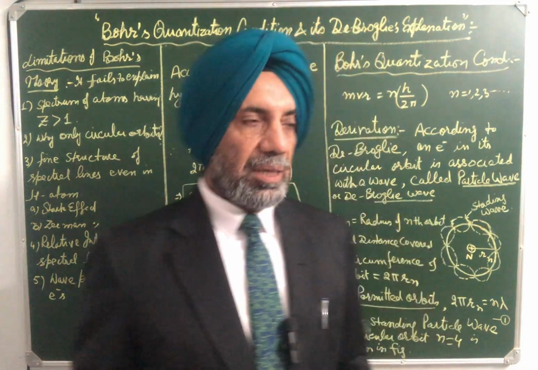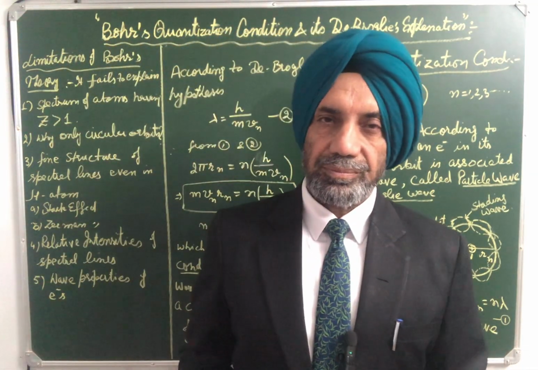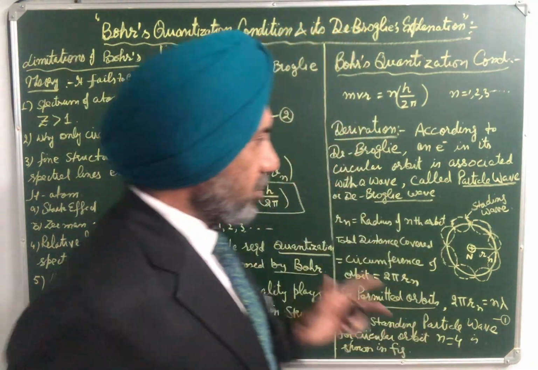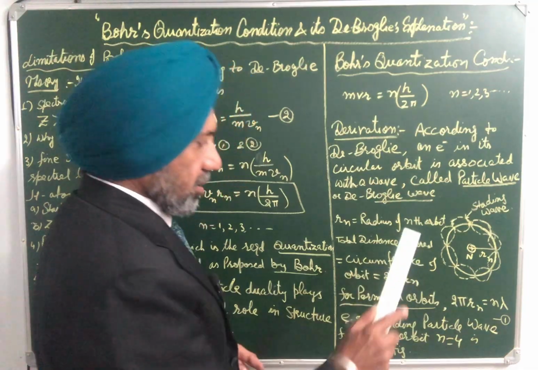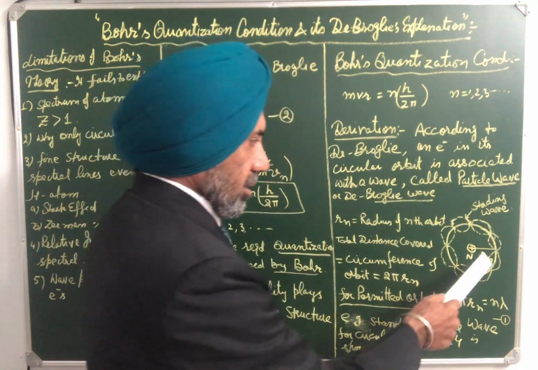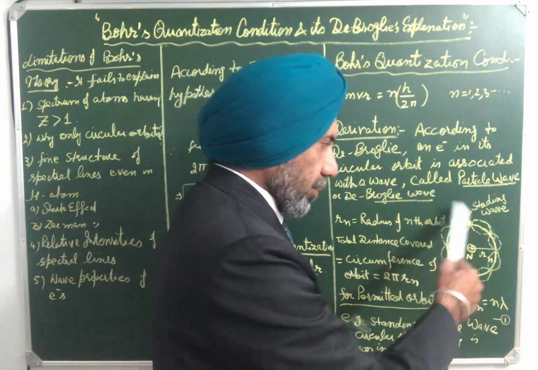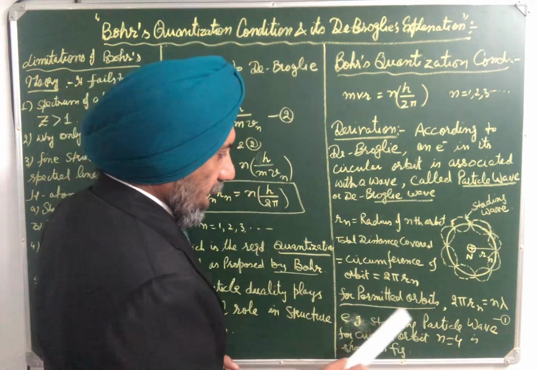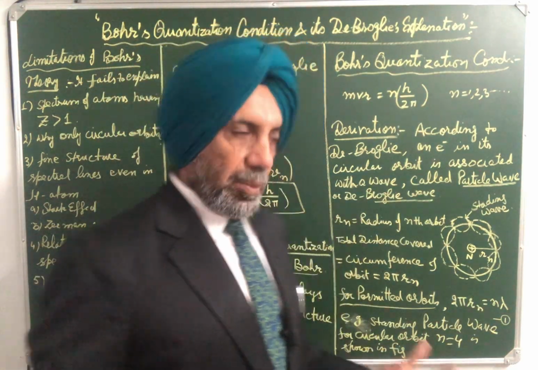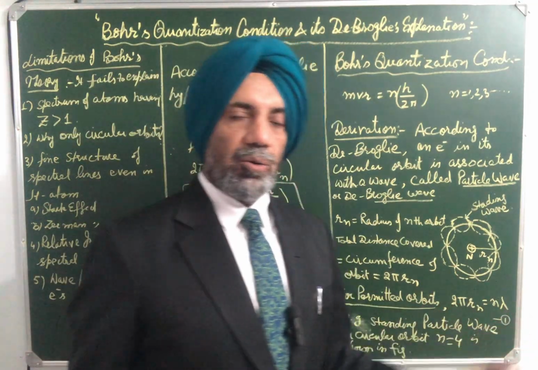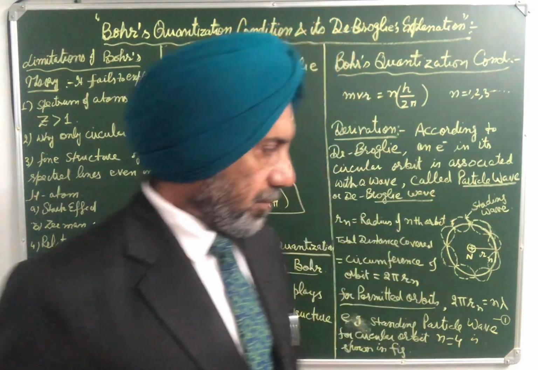Other waves having other wavelengths will vanish quickly. So standing waves will be produced only if the circumference, because in a circle the round trip is the circumference, 2 pi Rn, is equal to n lambda. Such orbits for which this condition is satisfied are known as permitted orbits, stationary orbits or stable orbits.